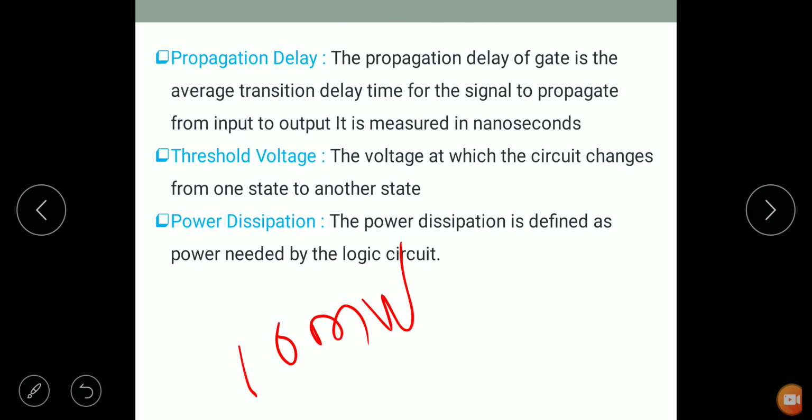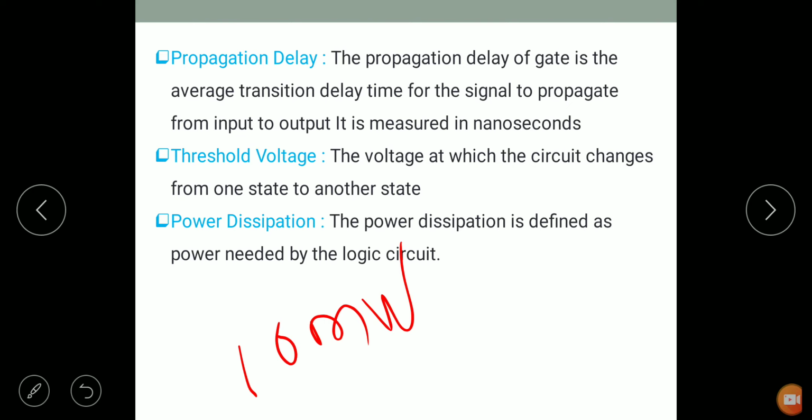In other words, due to the applied voltage and currents flowing through the logic ICs, some power is dissipated in the form of heat. This power is in milliwatts. Care should be taken to reduce the power dissipation in the logic IC in order to protect it against damage due to excessive temperature and to reduce the loading on the power supplies.